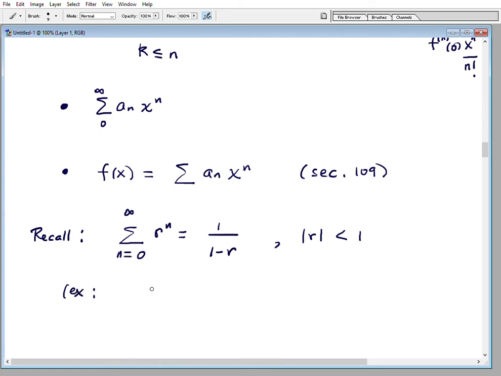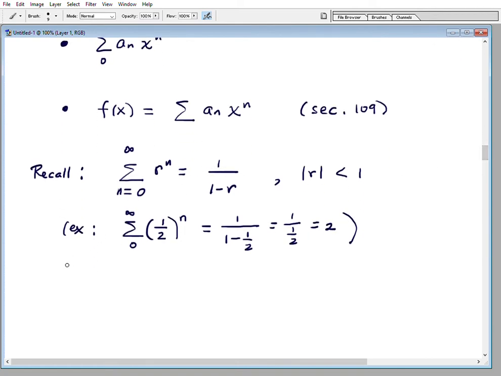So for example, the sum from 0 to infinity of (1/2)^n, so here r is 1/2, is equal to 1 over 1 minus 1/2, or 2. All right, so it's easy to figure out the sum of a geometric series just using this little formula that we showed.